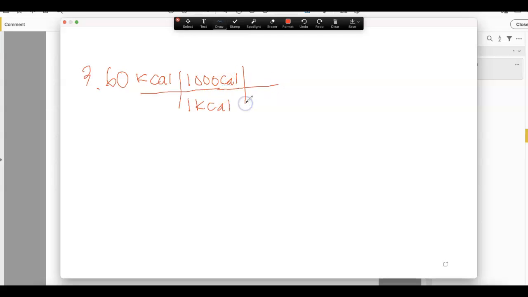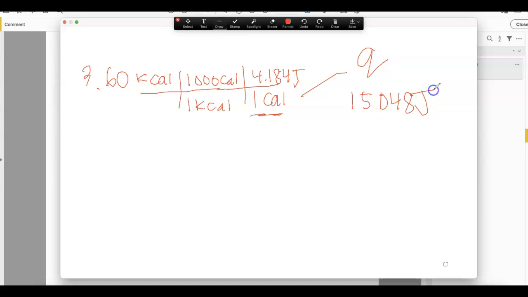And then 1 calorie is 4.184 joules. Again, this is a conversion factor. And the reason I want to do this is because I want to know Q. This is what Q will be in joules. So 3.6 times 1,000, times 4.18 or 4.184, okay? I think they put 4.18. So my Q is 15,048 joules.